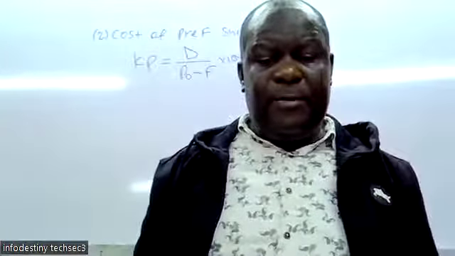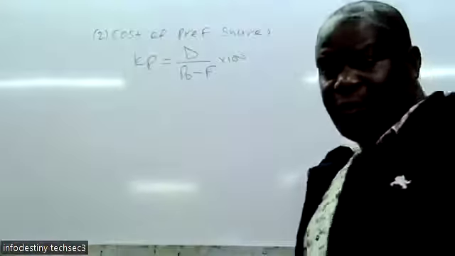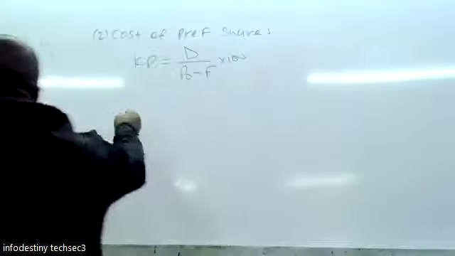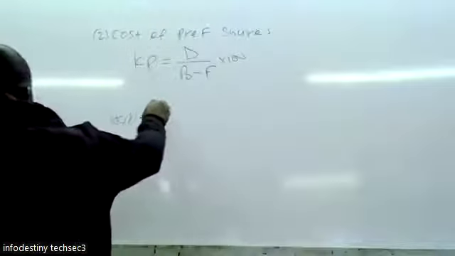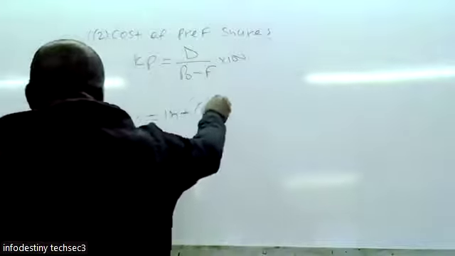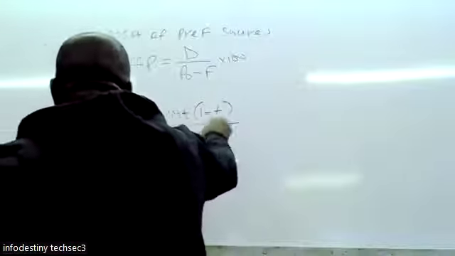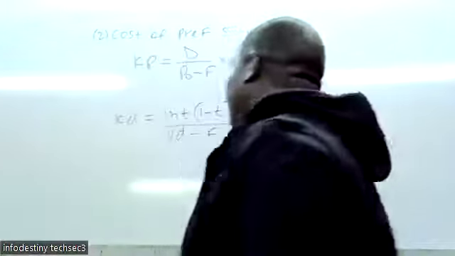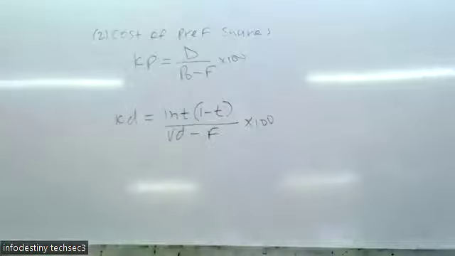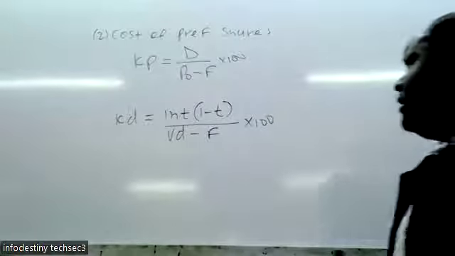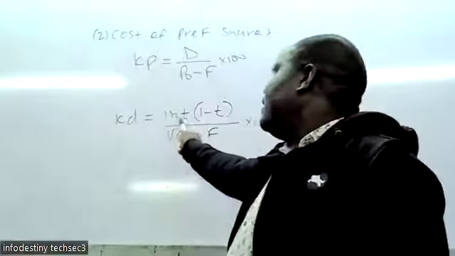It is expressed as follows. KD should be equal to interest times (1 minus the corporate tax), divided by the current value for the debenture minus the flotation cost.